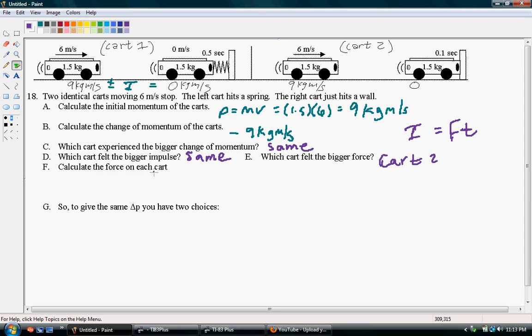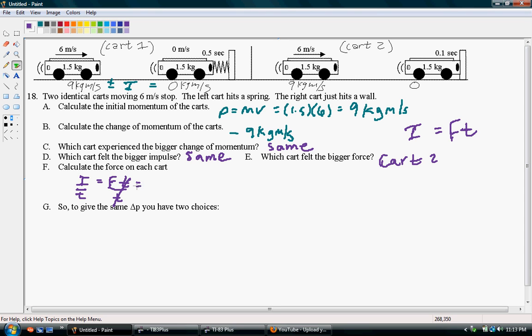Alright, calculate the force on each cart. So force, let's see, we have an impulse of negative 9. Impulse is force times time. Therefore, if we wanted to solve for force, we could divide both sides by time.